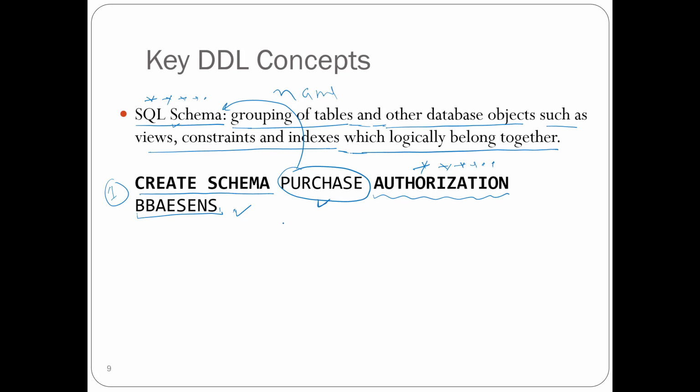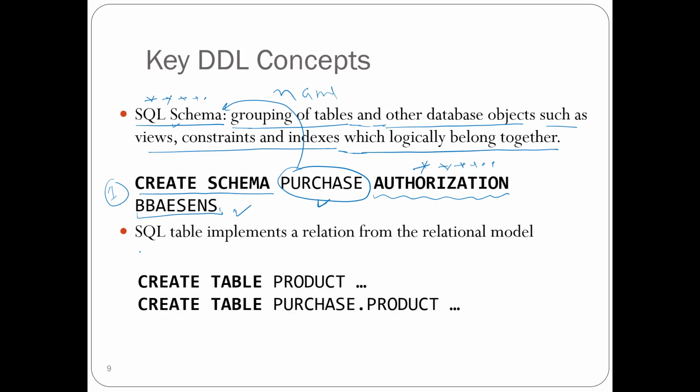All right, so this could be a schema for our purchase order management database. So one more time, you will use the keyword create schema, give the name of the schema, which is purchase over here, and then you should associate an owner with this schema, which we have as B Basins in our example.